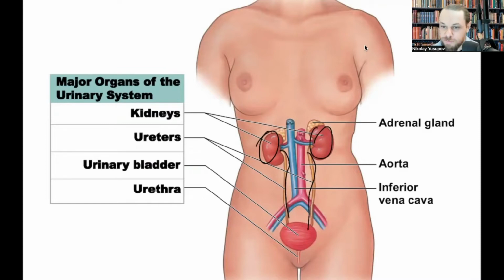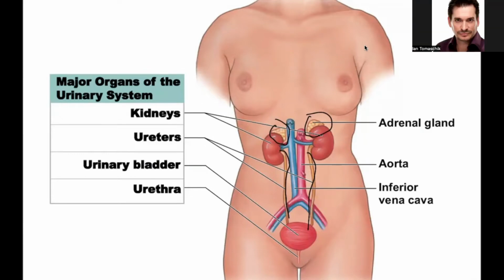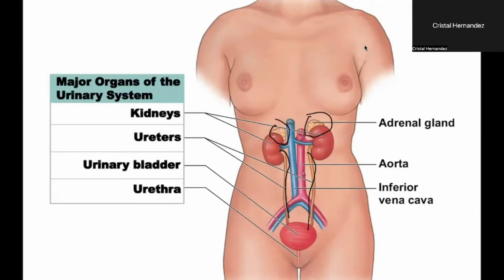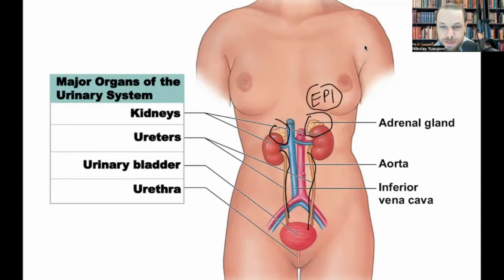Now, if you also look at the top of the kidneys, there's this gland here. This gland is also very important. It's the adrenal gland. At least one thing you should know is what it secretes. Anyone know what it secretes in a state of shock or fight or flight response? Epi. Epi, right? Very good. You guys already know it secretes epinephrine.